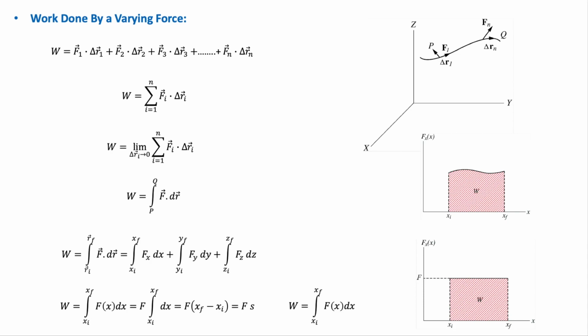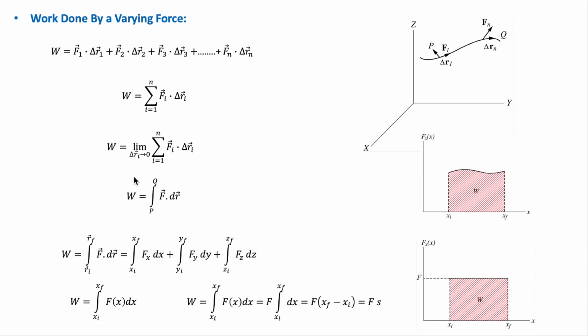And so the total work done as the particle moves from P to Q is the sum of the individual amounts of work done along each displacement. So it is equal to this sum. And by dividing the path into more displacements, we take the limit when delta Ri goes to 0, and this is equal to the integration from P to Q of F dot dr.